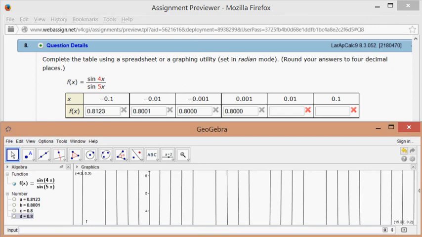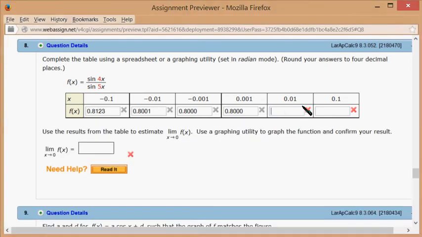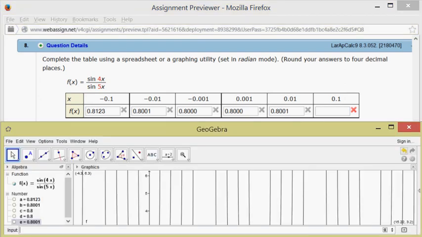How about 0.01? So you have f of 0.01, then you have 0.8001. Then the last one, 0.1.